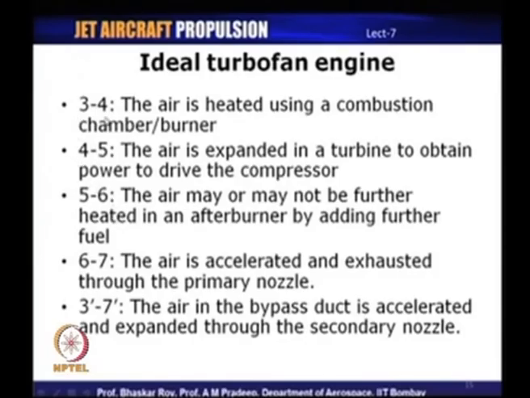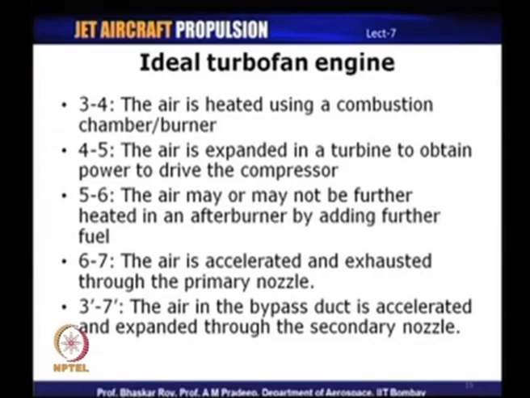Then there is a combustion chamber between 3 and 4, and between 4 and 5 is a turbine, and 5 to 6, if it is unmixed, there is very little chance that there is any afterburning here, but in a mixed turbofan there could be an afterburner as well.